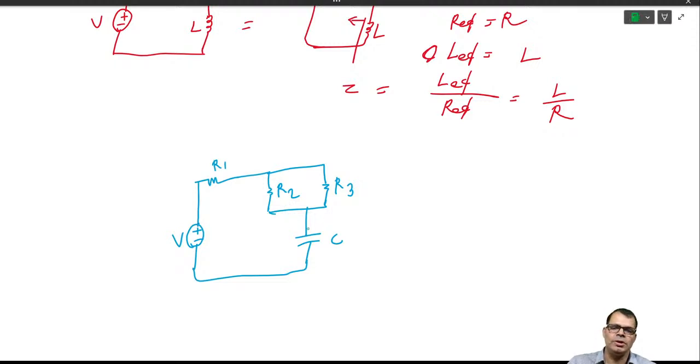As I have told, reduce the voltage source to 0 and disconnect the loop from the capacitor.